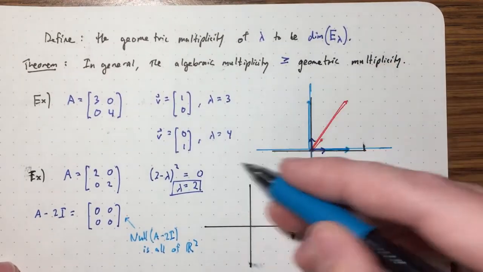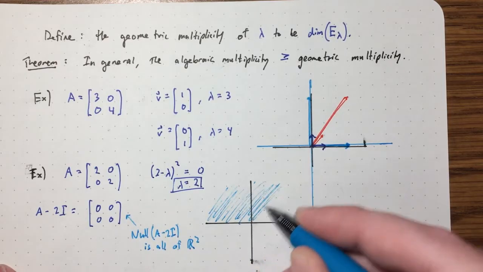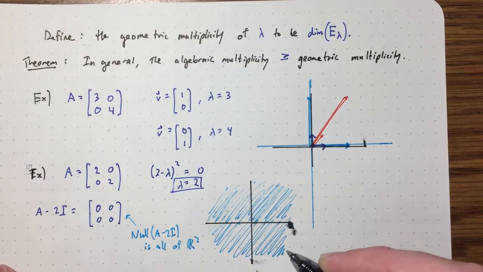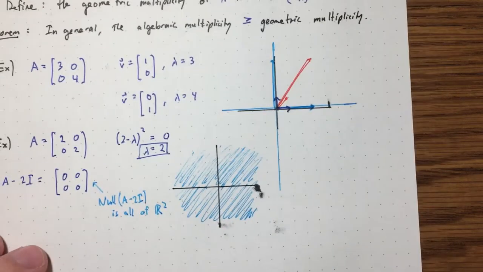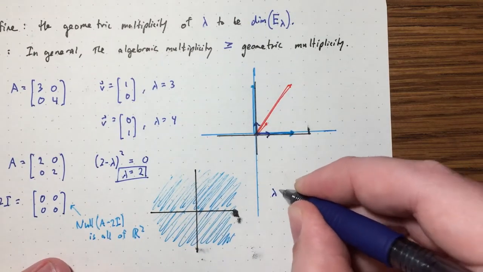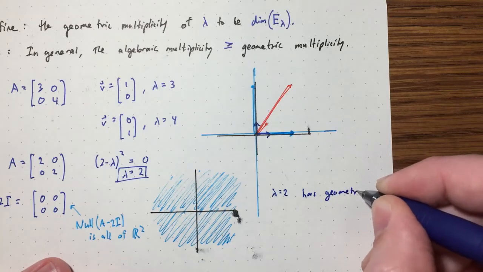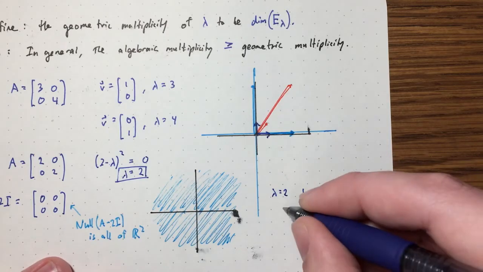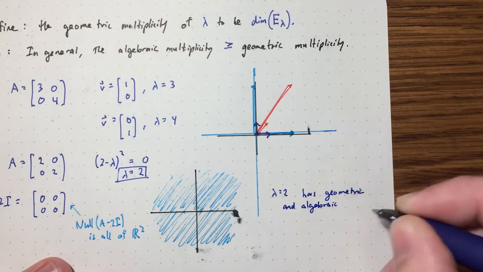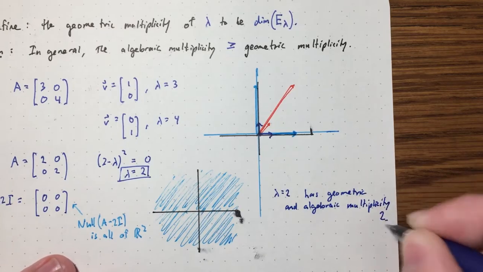So here my eigenvectors lived along the two axes. Here my eigenvectors live everywhere. Everything is an eigenvector. So here we would say lambda equals 2 has geometric and algebraic multiplicity 2.